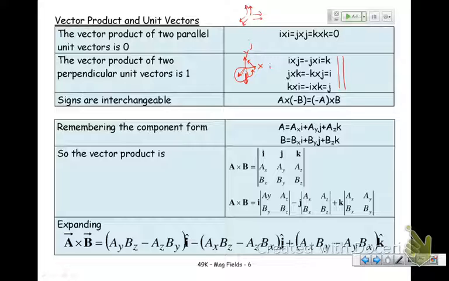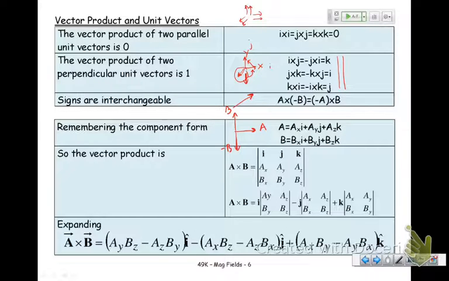Let's try this. If that's A and that's B, and say that's minus B then.